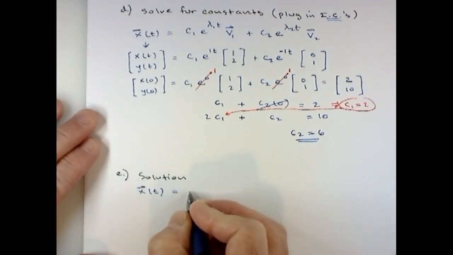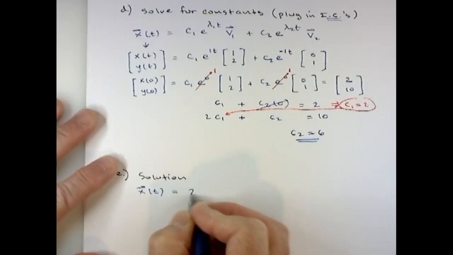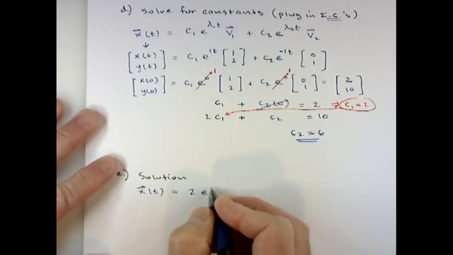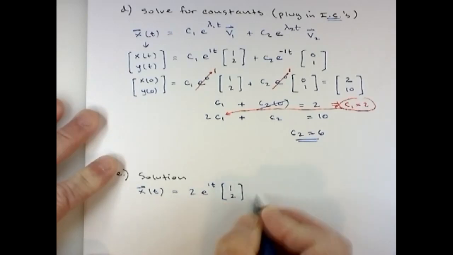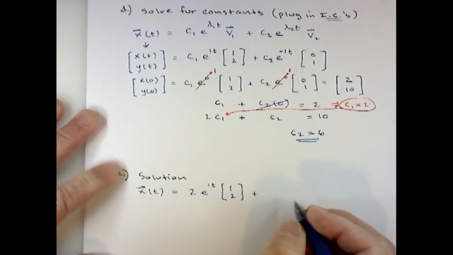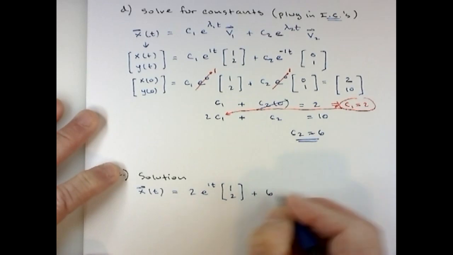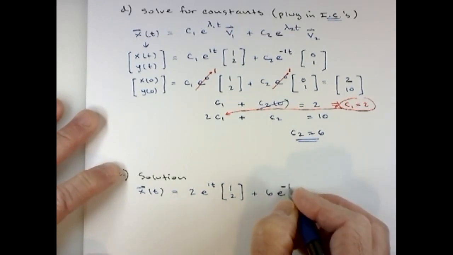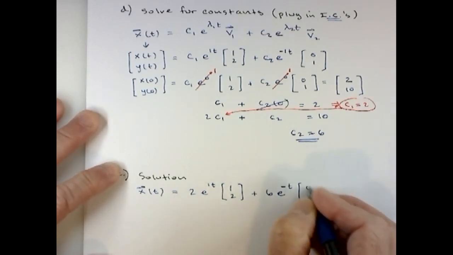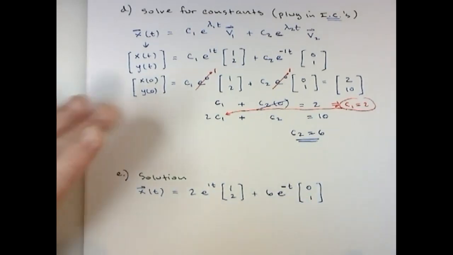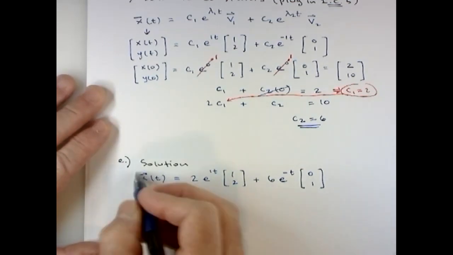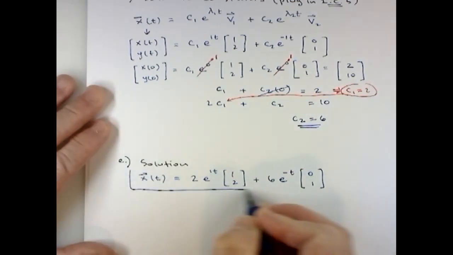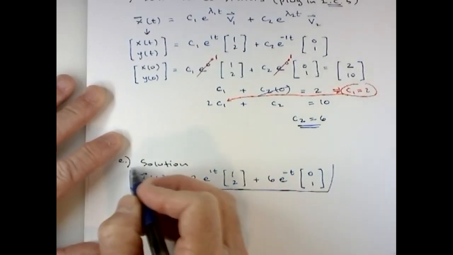X bar of t is equal to 2, C1 is 2 e to the 1t, and then C2 is 6. And it's fine. I wanted to show you this because it's fine to leave your answer like this. You can leave your solution in vector form.